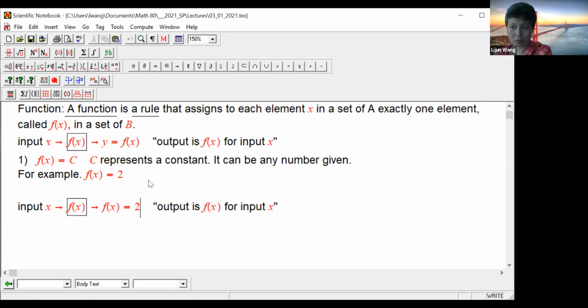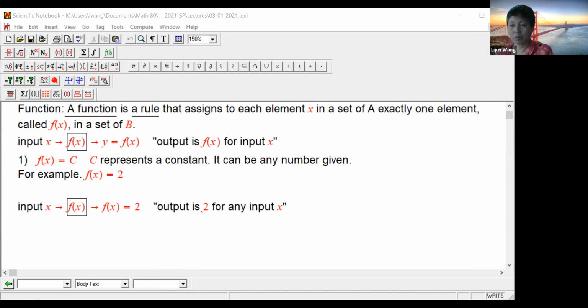That's what it means. The output is 2 for any input x. That's the meaning. Do you guys follow me? Hello, is everybody here? Yes. That's what the rule means.